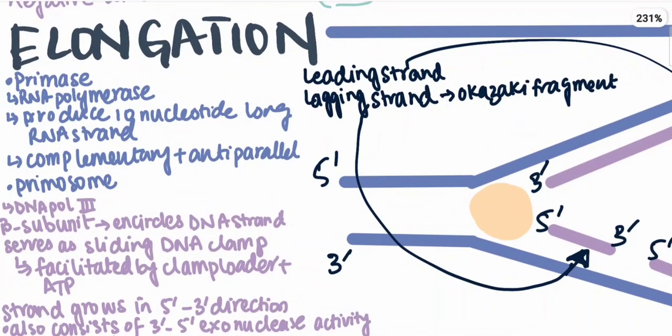Now, the thing about polymerases in DNA replication is that they need something to work on. It's just like archery or football. Like in football, all the footballers, they need a goal, right? They need a netting to kick the ball into so they can score. Or in archery, they require a target to shoot an arrow to.